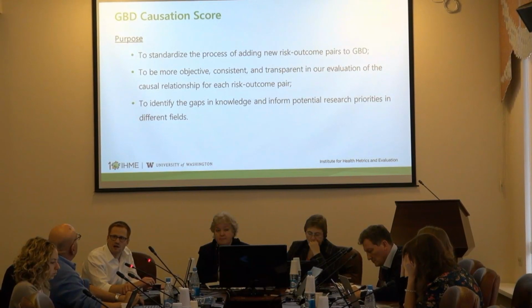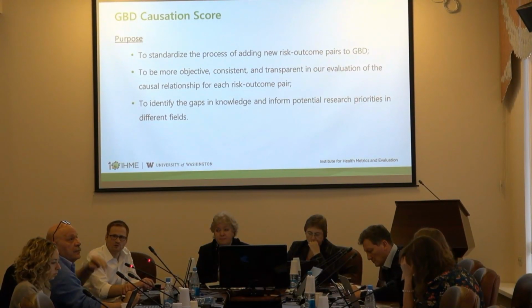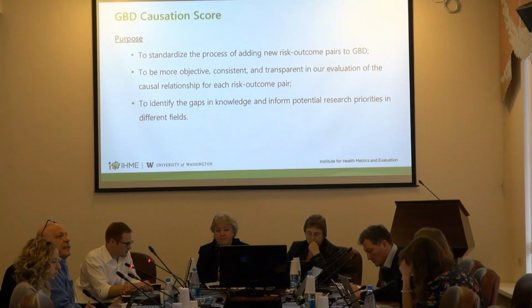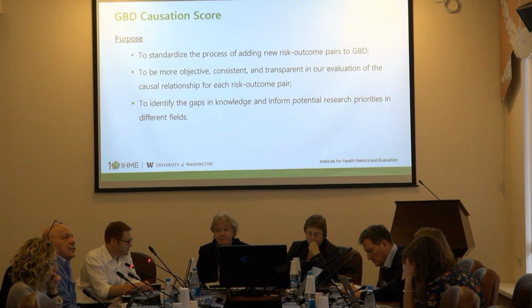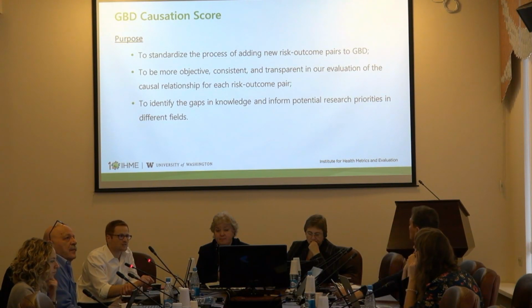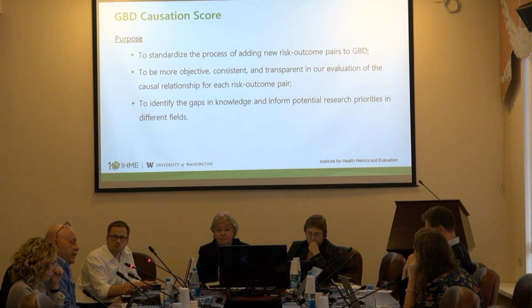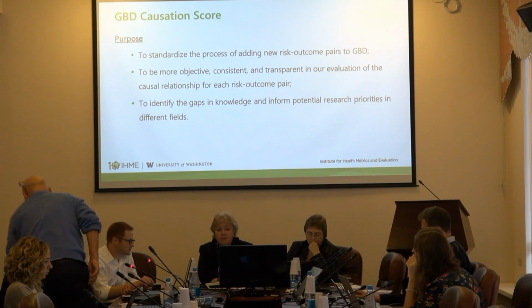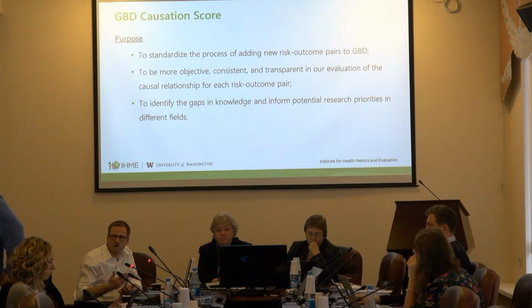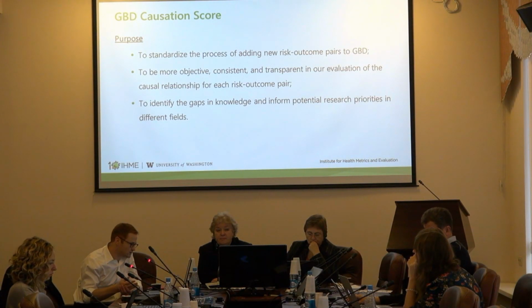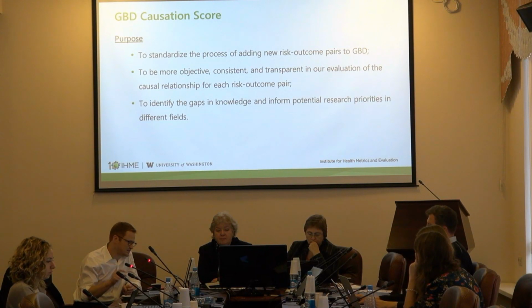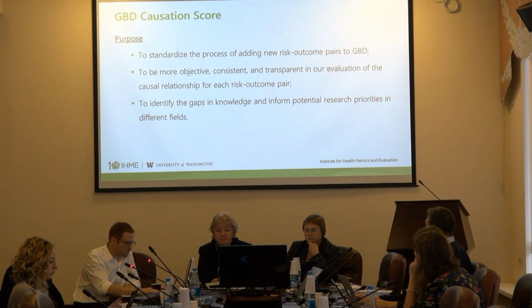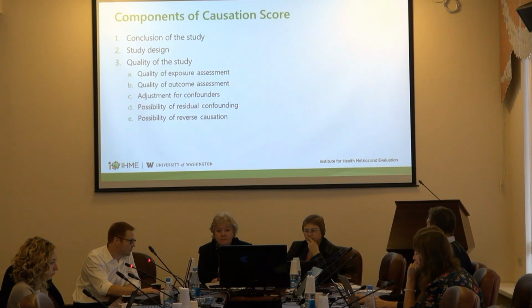One thing we're working on now, and we hope we're going to complete in this iteration of GBD, to include GBD 2019, is a GBD causation score that will standardize this process and create objective quantified criteria for adding causes and for scoring causes. And this will also help us identify gaps in knowledge for risk factors that we're estimating for.